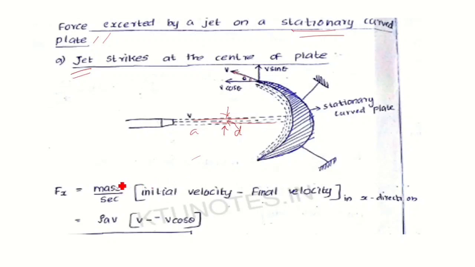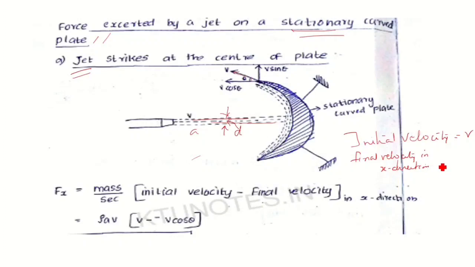That is mass per second into initial momentum minus final momentum, taken as mass per second into initial velocity minus final velocity. Initial velocity is equal to v. Final velocity in x direction.